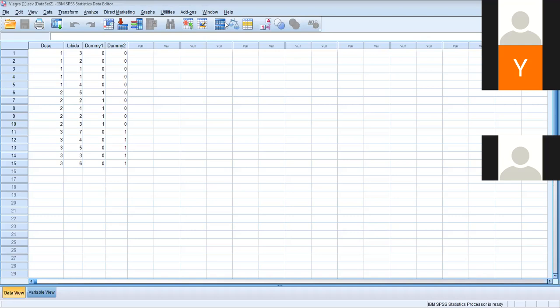If I coded it otherwise, the result will come out the same, the same regression coefficient, but negative. It will give you minus, but it will not change anything. Do you get it now?